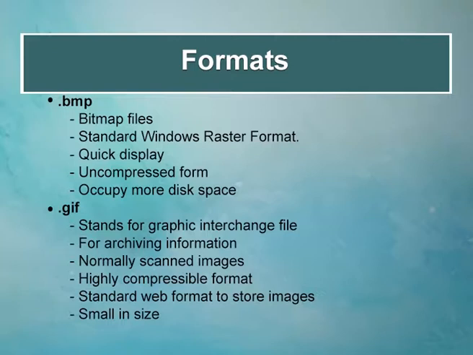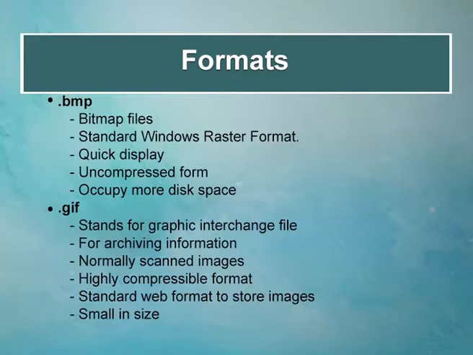The other format available is .gif. Normally the .bmp files we do not encourage to upload onto web pages and other things, because they occupy huge space. Instead of one BMP file you can put several .gif and other formats.